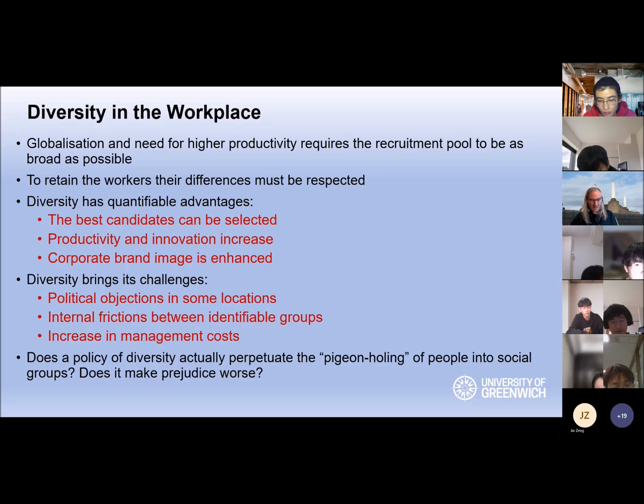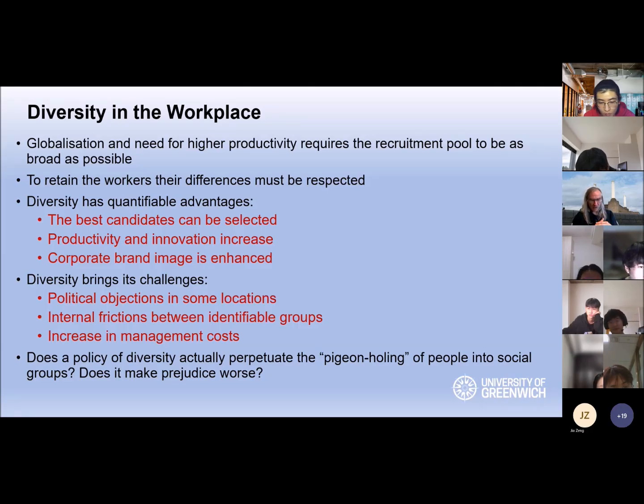You may find you come up against political objections. We get a fair bit of this in places like the Philippines, where the government doesn't like us poaching the local workers. It can also create problems here. So we've got Filipino workers who have their local language, but they speak Spanish. We don't speak Spanish here, so that causes problems. And of course, they need managing.